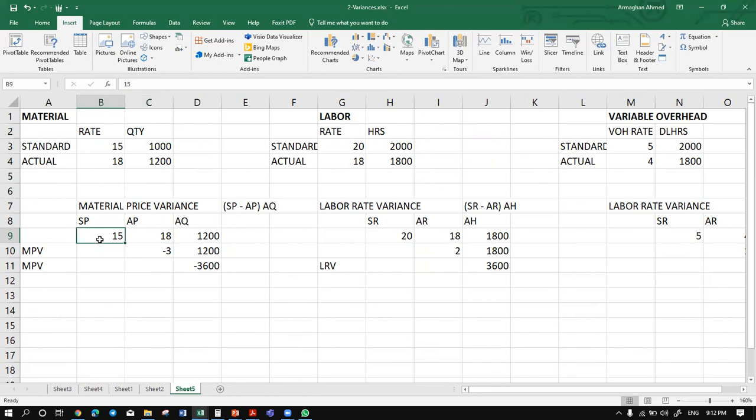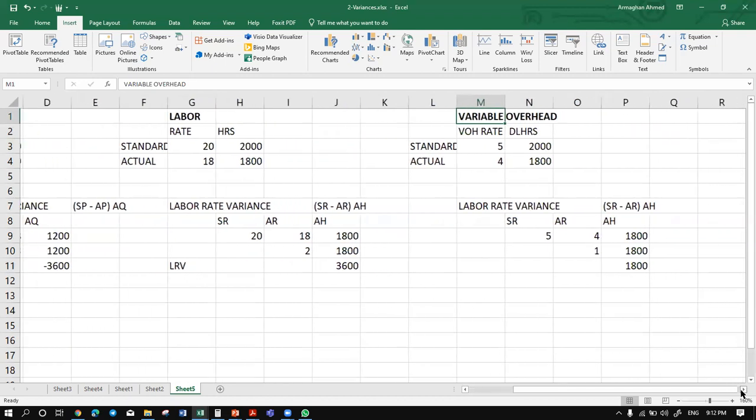By the rates as well, you can come to know whether it is favorable or unfavorable. So first of all, we are doing price variance: material, labor, variable overhead, same rate, same formula.